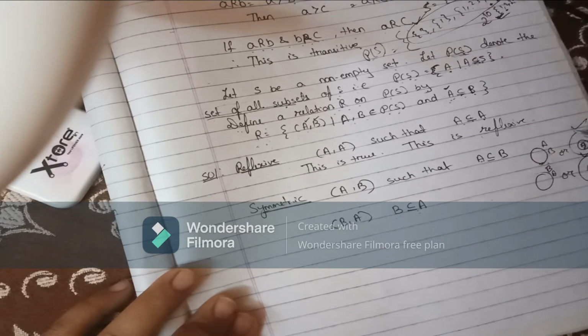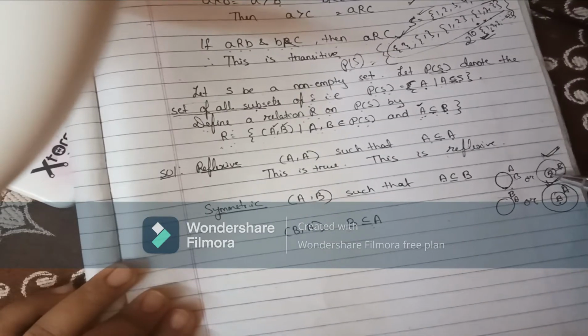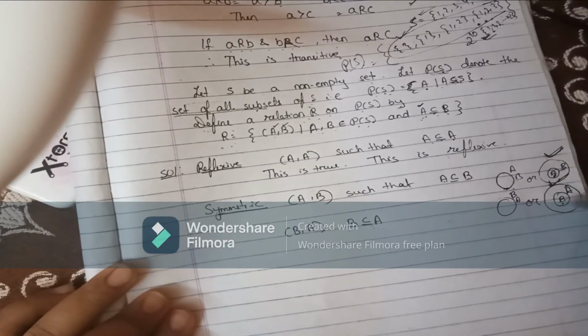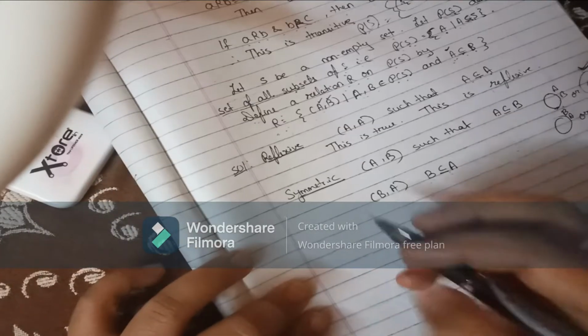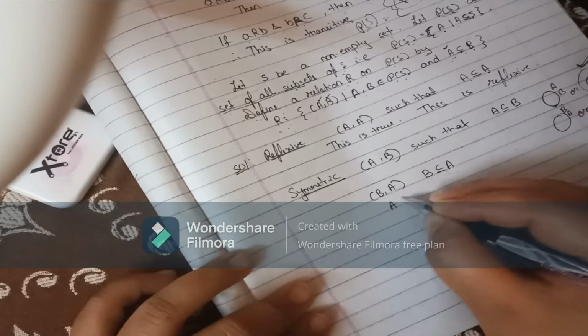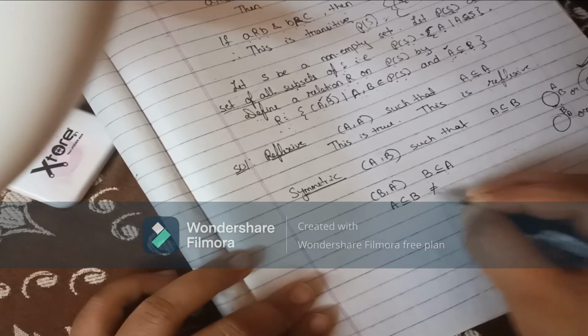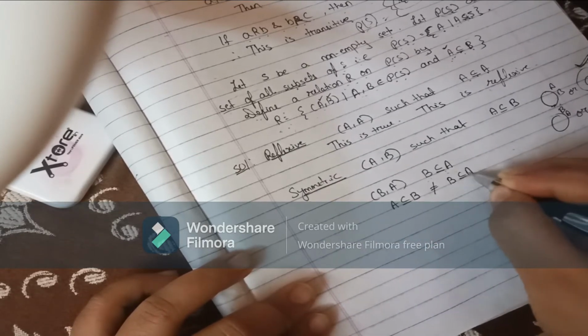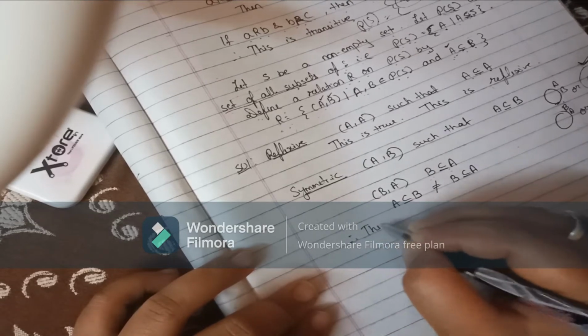So this is the contradiction we are getting. Any two subsets can never satisfy these two at a time. So we can write that A subset B is never equivalent to B subset of A. Therefore, this is not symmetric.